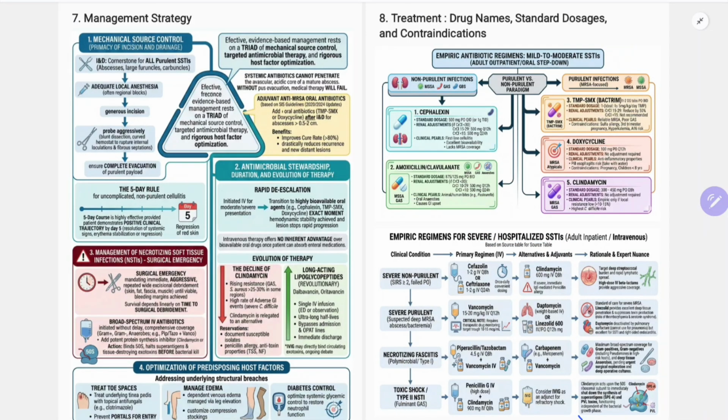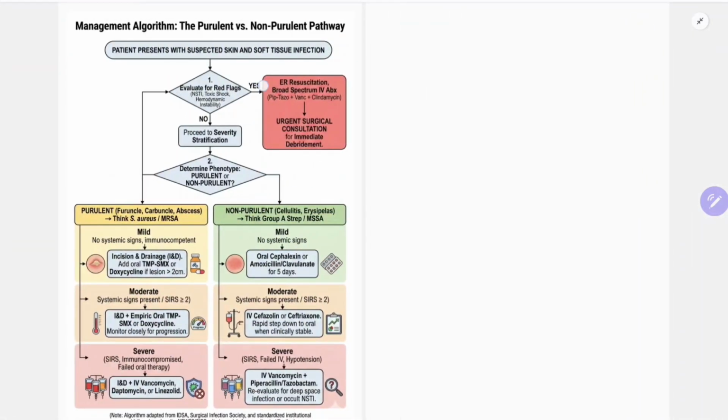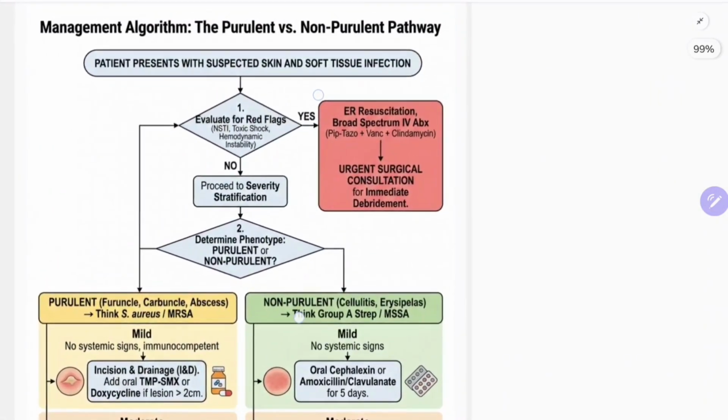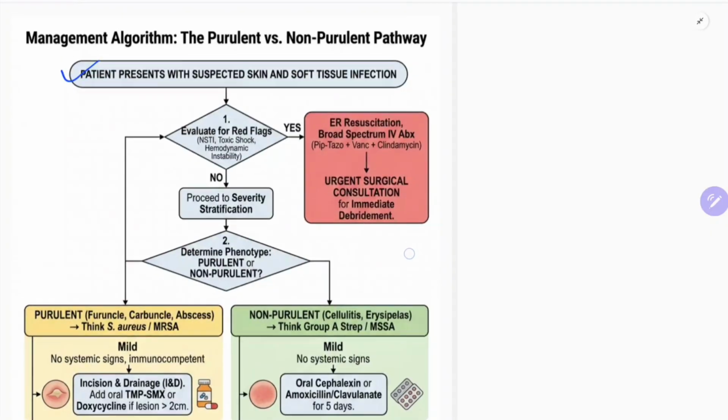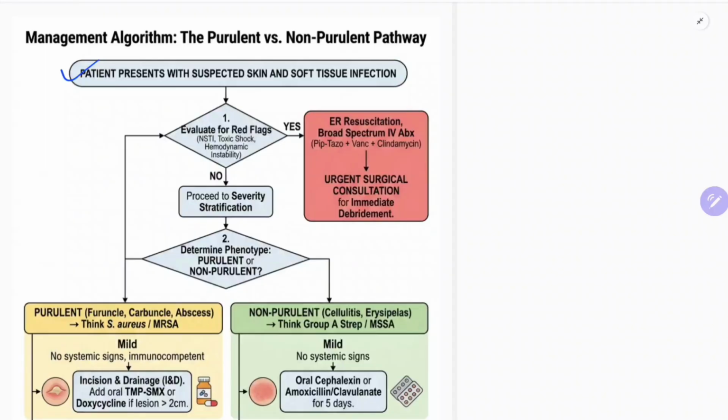Okay, let's move on forwards. So this is the last management algorithm for purulent as well as non-purulent SSTI. So patient presents with suspected skin and soft tissue infection. First, for every case, remember, for any condition, maybe cardiovascular, respiratory, skin infection, or any disorder of the human body, you should always first look for red flags.